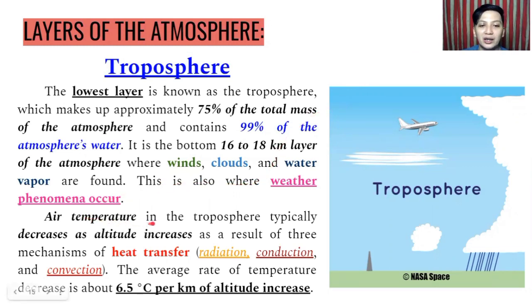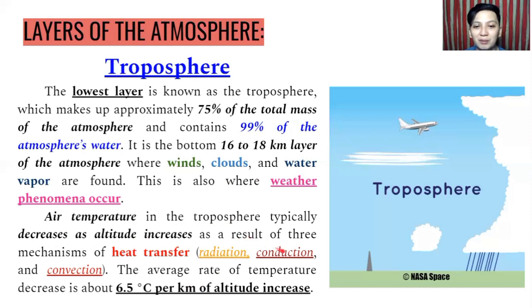Air temperature in the troposphere typically decreases as altitude increases. Kaya pag umaakyat kayo ng bundok, di ba, ng matataas na lugar, mas lumalamig. Because the more you increase your altitude, the temperature decreases. So umakyat ka ng Baguio, umakyat ka ng Tagaytay, the temperature there is colder than when you go down to Manila.